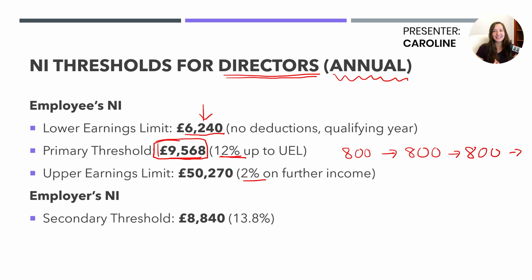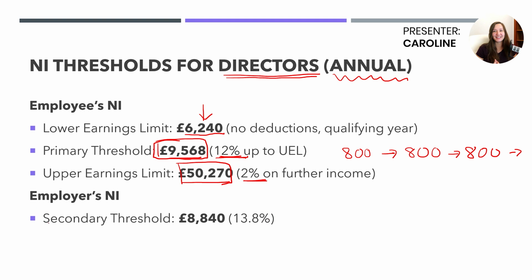And then after that, all of your earnings would have 12% national insurance deductions. So once you have paid the 12% up to £50,270, any more salary after that would have 2% national insurance deductions.